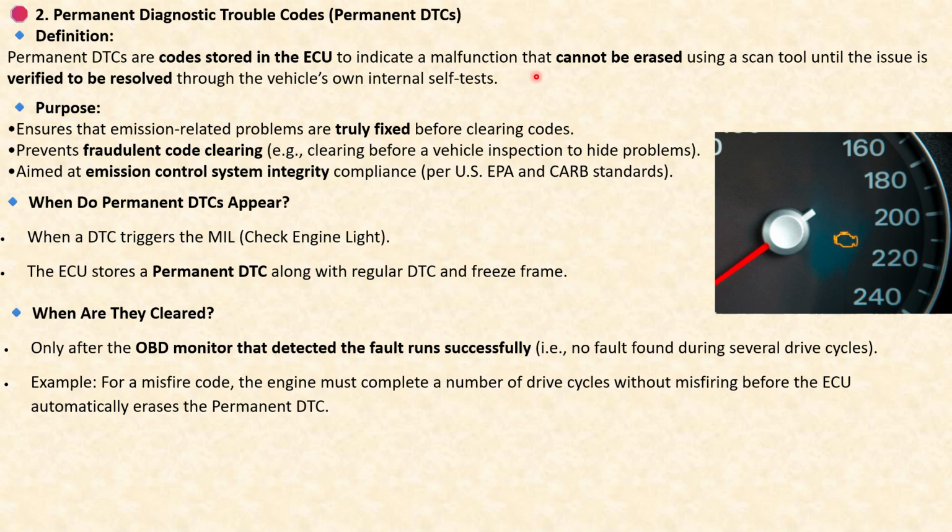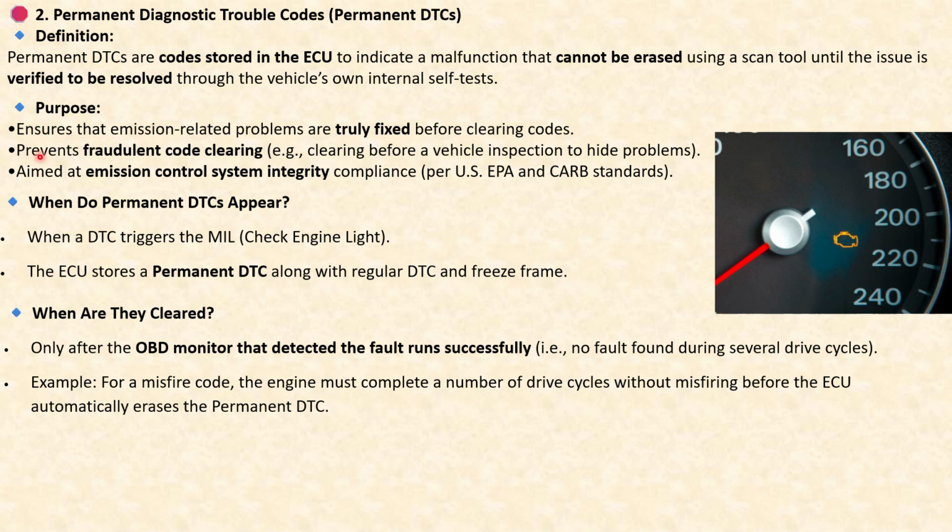Okay, so understand this highlighted portion: cannot be erased. Permanent diagnostic trouble codes cannot be erased using a scan tool until the issue is verified to be resolved. So one important thing is it cannot be erased, and only after the issue is verified to be resolved through the vehicle's own internal self-test can this be removed or eliminated.